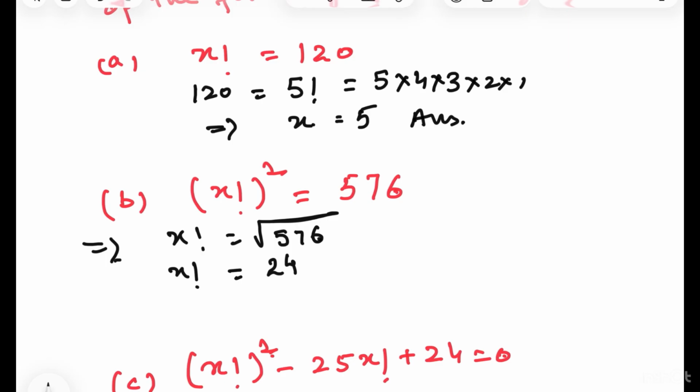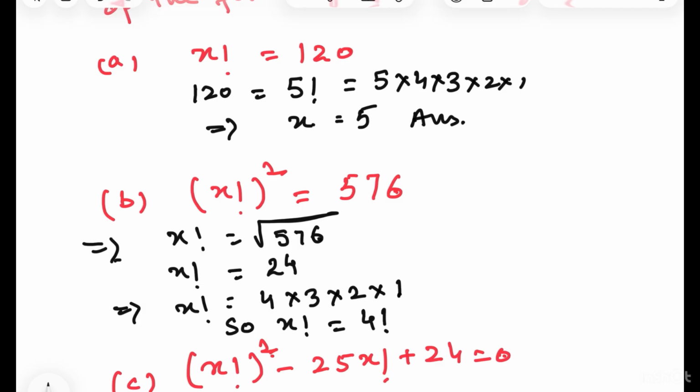This implies x factorial is equal to 24 के क्या फैक्टर्स बनेंगे आपके? अभी हमने कई बार कर लिया, 4 into 3 into 2 into 1. So x factorial is equal to 4 factorial और x is equal to 4 आंसर आ गया, right?